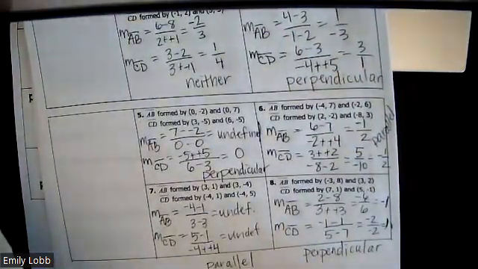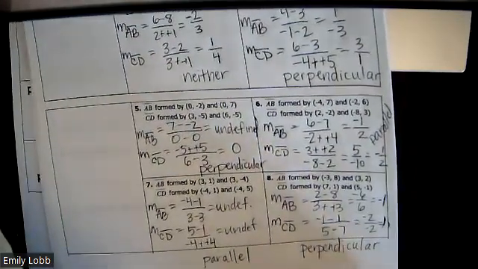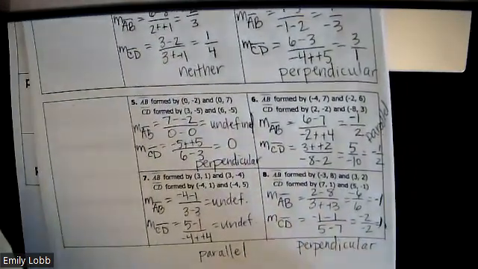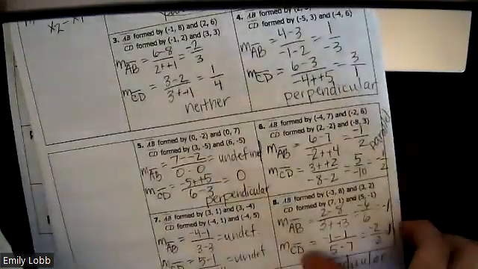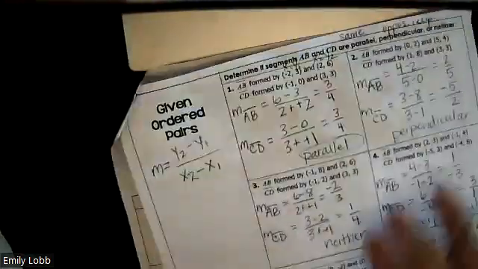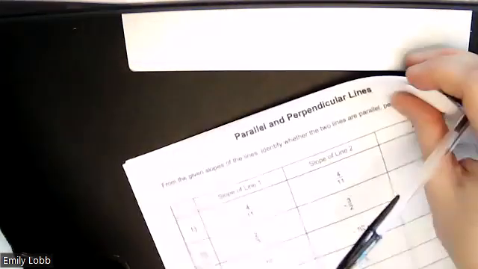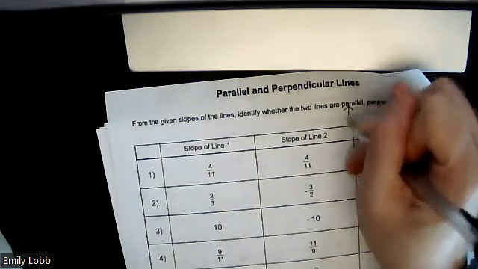All right. So you have 2 pages to practice. Remember, page 4 is just like your page 2 that we did together. And page 5, you have to find the slopes, okay? So when you're looking at page 4, if they're the same, like number 1, they're parallel.